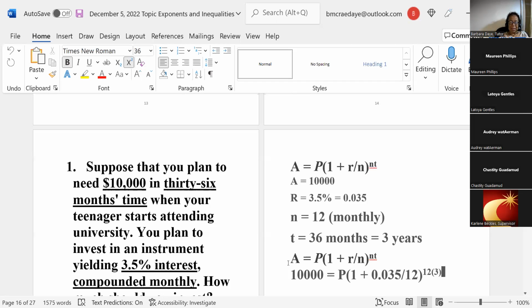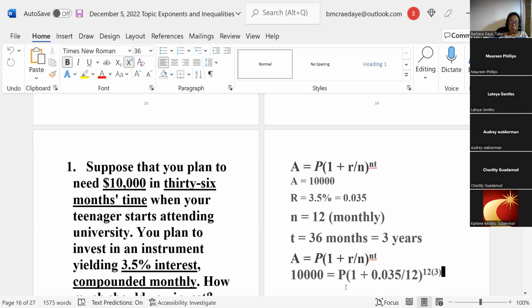What I was saying is, this is what you want your amount to be. This is your ending amount. This P is your starting amount. In this setup, you plan to need 10,000. So you want 10,000 to be your ending amount.